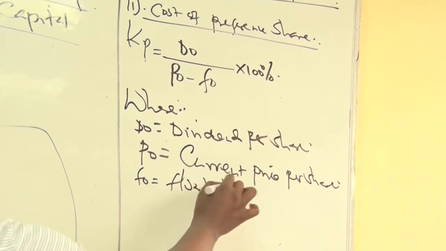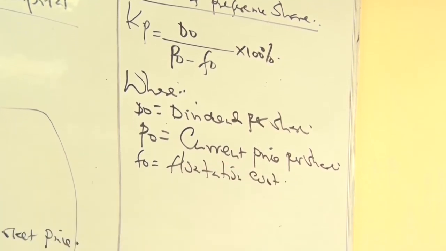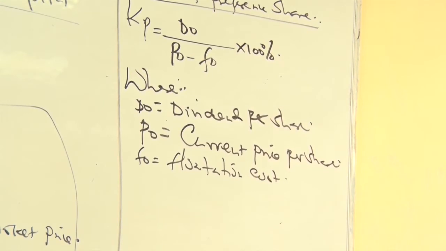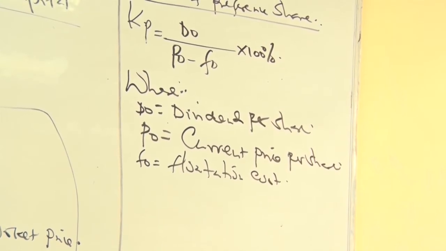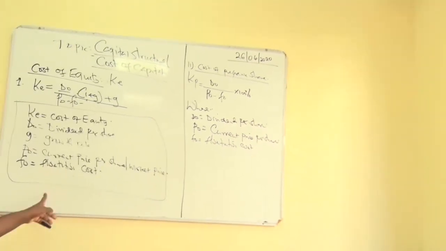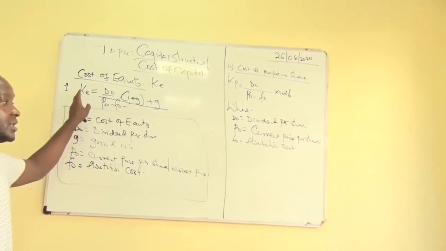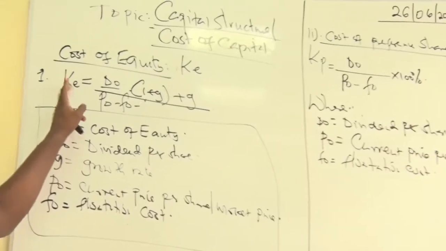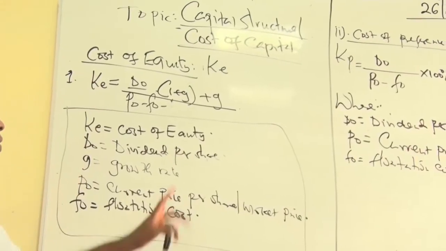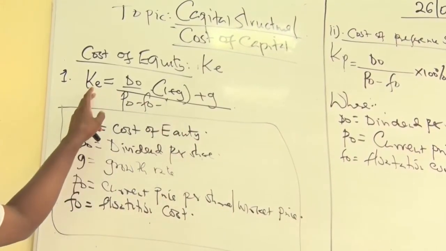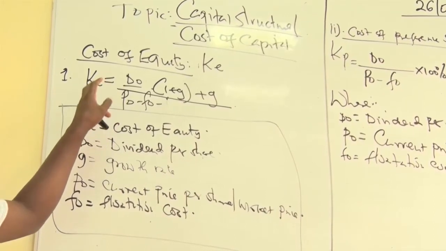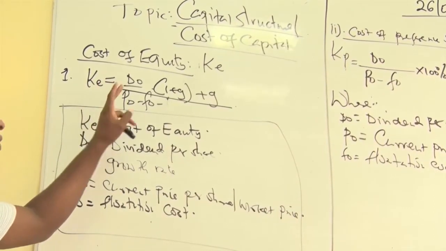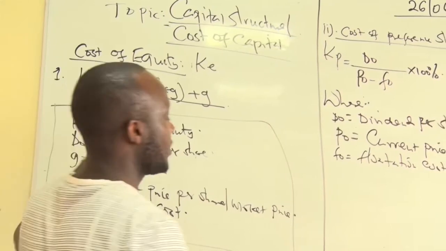Students, what you are supposed to know is that preference shares do not undergo flotation cost. Flotation cost will only appear in the cost of equity. Again, the growth rate also appears only in the cost of equity.